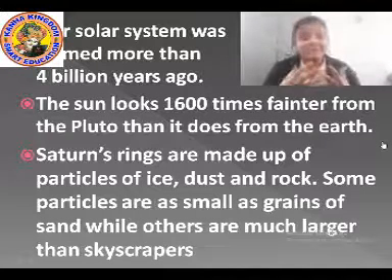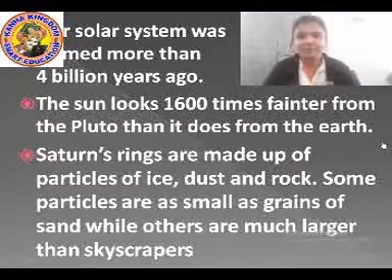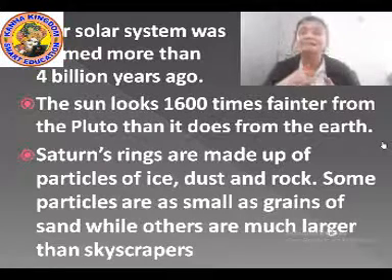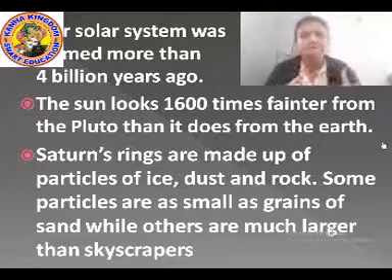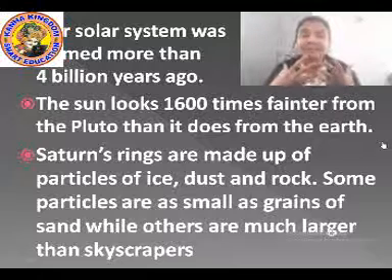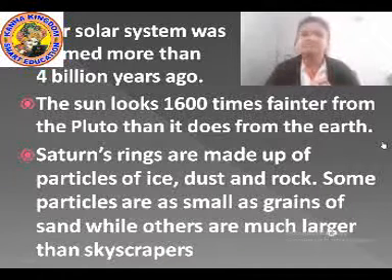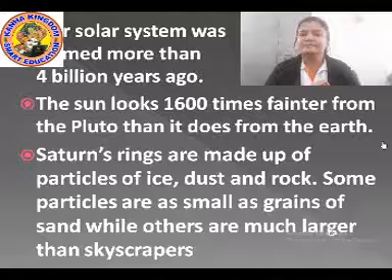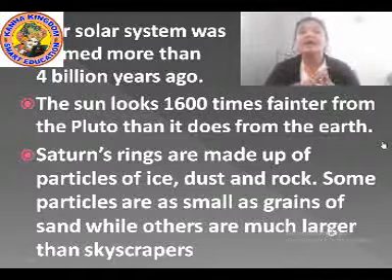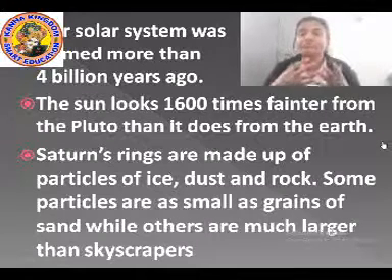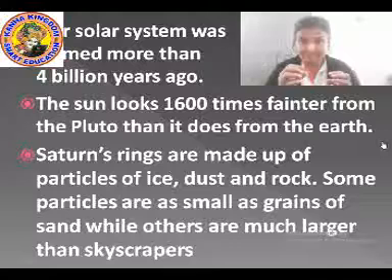Now about the planet Saturn. We all know that Saturn has a ring around it. Okay? Now do you know what this ring is made up of? No? I'll tell you. The rings of Saturn are made up of particles of ice, dust and rock.